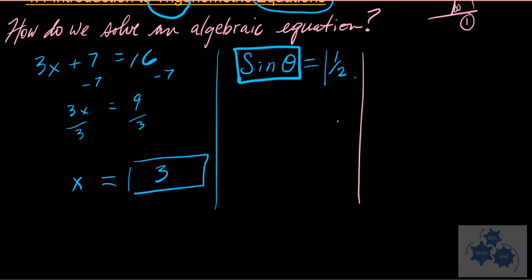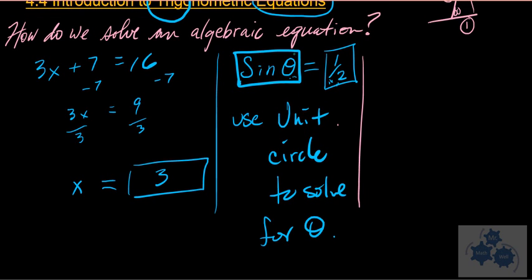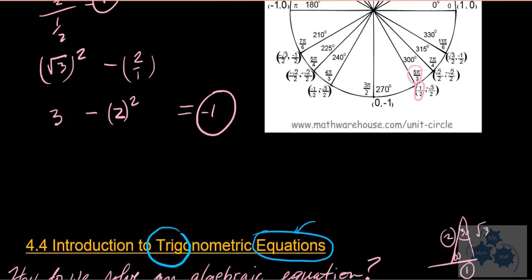And then you're going to use the unit circle to connect this so we have an exact answer for theta. So use the unit circle to solve for theta. Okay, so that's what we're going to be focusing on here today. So let's go back up to the unit circle. And what I'm looking for is the angle that is associated with a sine value of 1/2.